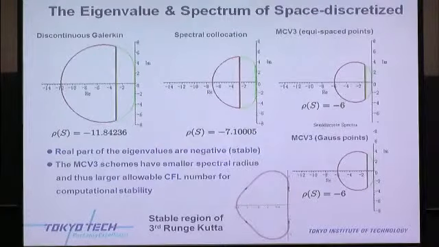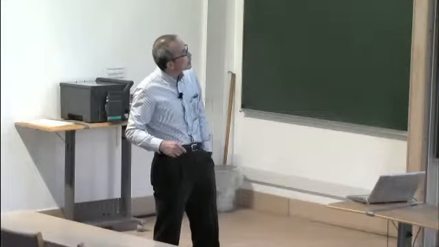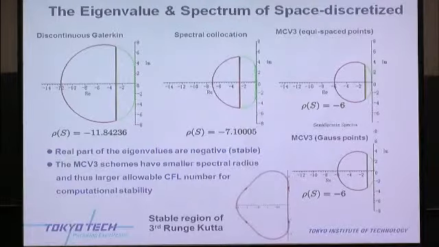So the eigenvalue spectra of different schemes are given here. This is for DG. But for all of the schemes we have, we found that the real parts of the eigenvalues are all negative. That means all of these schemes are stable. But the largest eigenvalue, which is the spectral radius, is different.